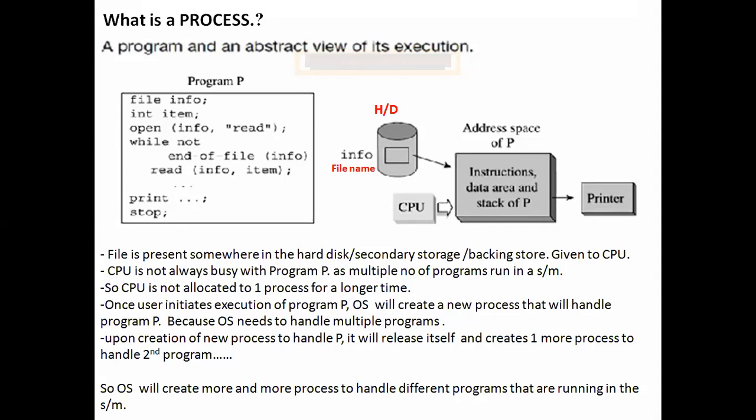The OS will create a new process that will handle only process P1, and then the OS will release itself for P1 and create one more process that will take care of the second program, and so on. Like this, our OS will be able to handle multiple processes or programs.